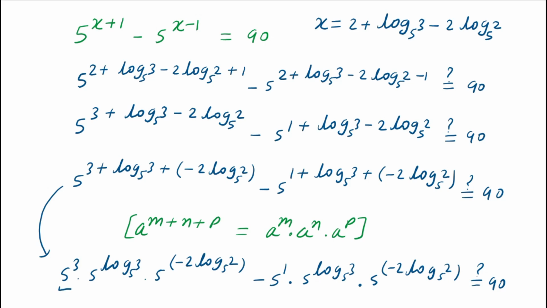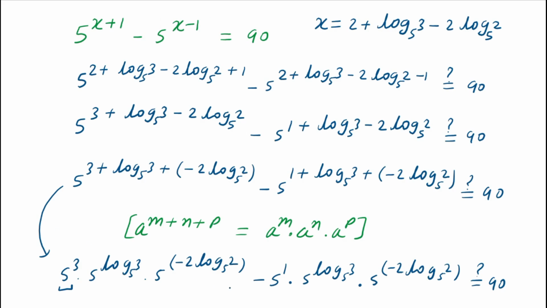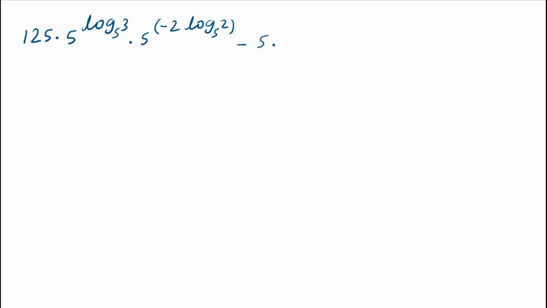On the left hand side, 5 power 3 is 125 times 5 power log 3 with base 5 times 5 power minus 2 times log 2 with base 5, minus 5 power 1 is 5 times 5 power log 3 with base 5 times 5 power minus 2 times log 2 with base 5, equal to 90.